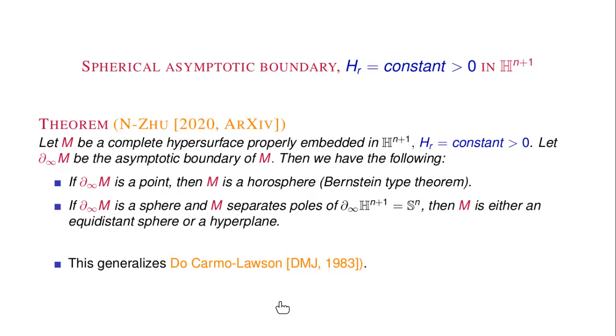Bernstein's theorem is that a minimal entire graph is a plane. Now here it's not a graph, it's a little bit different, but if you have just one point at infinity, in some sense you have a graph. So this is why it's a Bernstein type theorem.